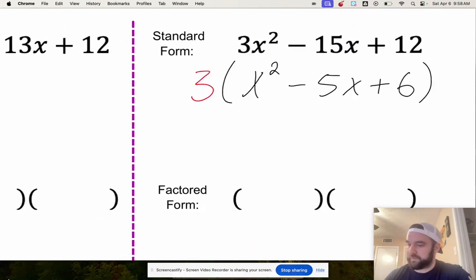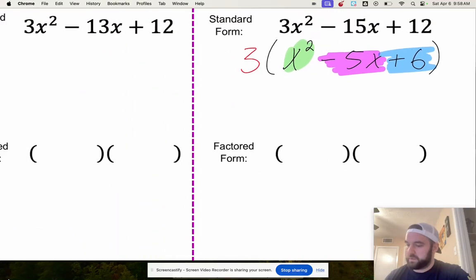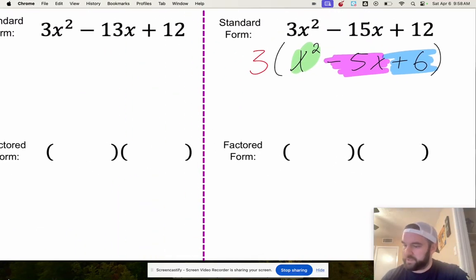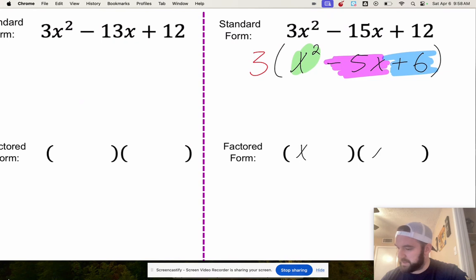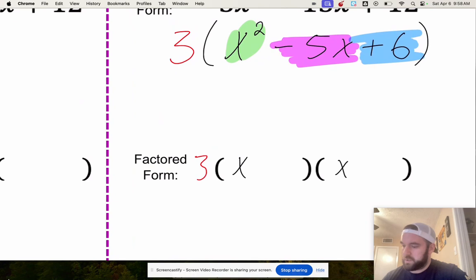And now I'm going to factor this new version of my trinomial, and I'm going to try and get -5x in the middle. That is going to be x multiplied by x with a 3 on the outside. I need factors of +6 that will create a -5x in the middle terms.